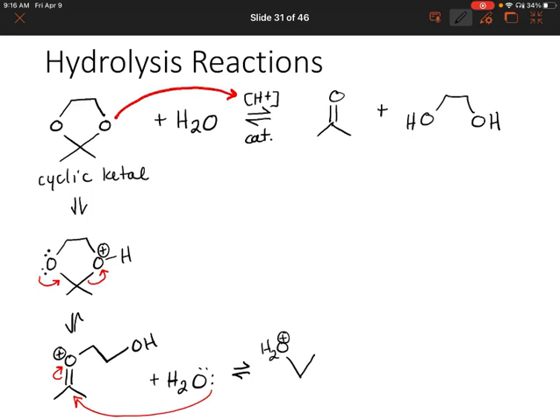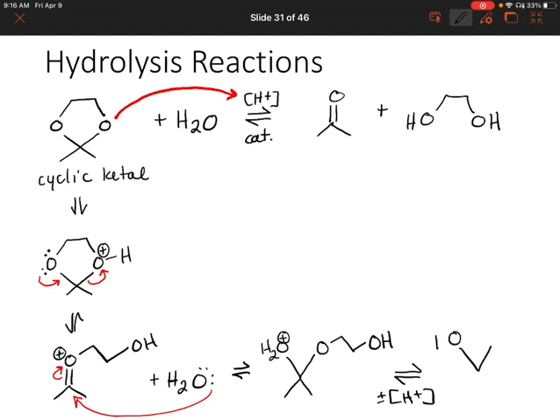Okay, so we have a water molecule now on one side, and then our oxygen with the carbon chain to an alcohol on the other side. Now, similar to our previous mechanisms, one of the hydrogens on oxygen is going to move to the other oxygen. So we can just write plus minus H plus.